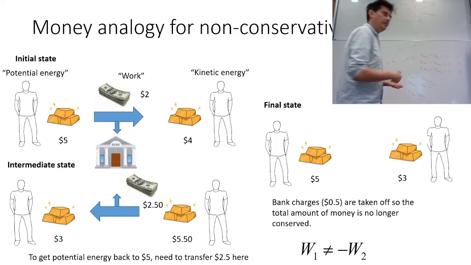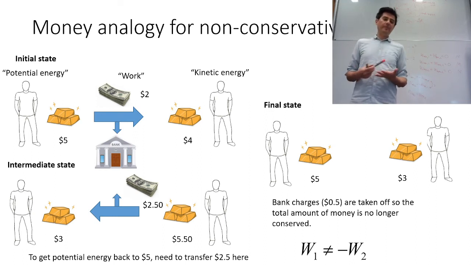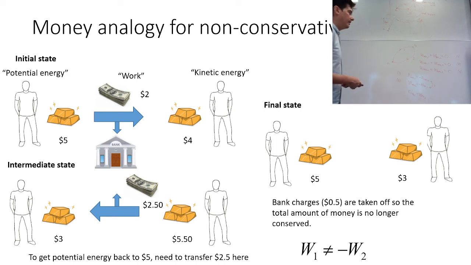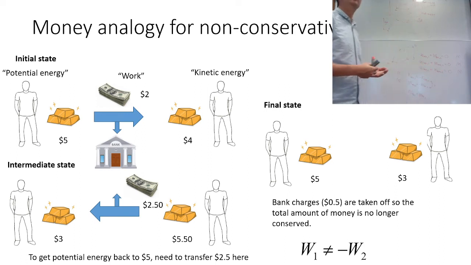Okay, so let's continue with our money analogy. We can think of it kind of like bank fees. Everybody loves bank fees. So when you transfer some money, it used to be the case that you actually needed to, well, I guess it's still true.